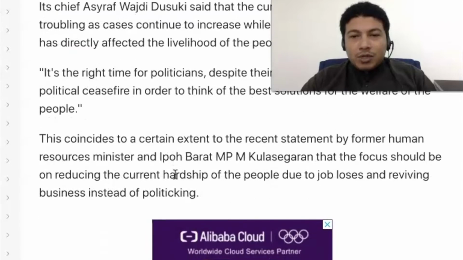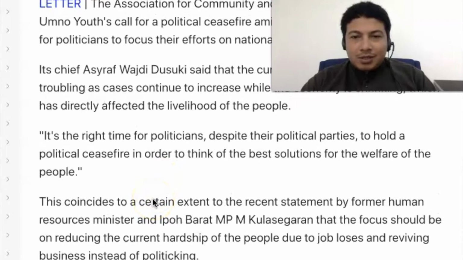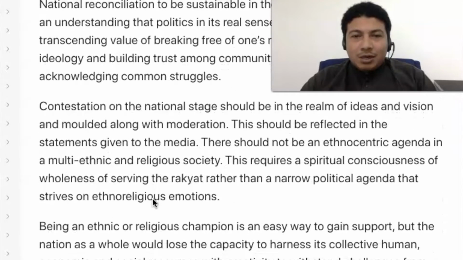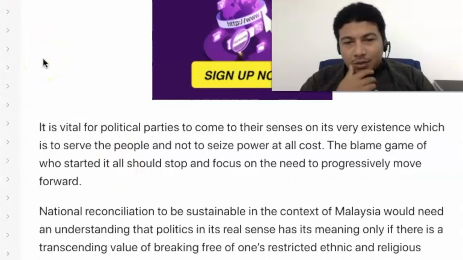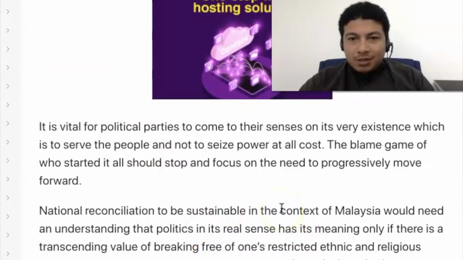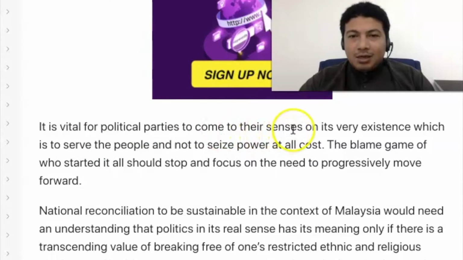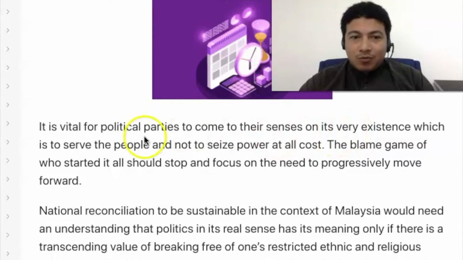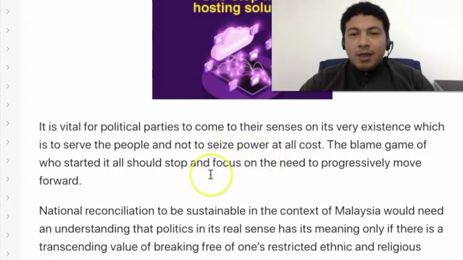If you go through the article, you would see that it is giving us an idea that politicians are selfish. If you look at the sentences given in this article, it says that it is vital for political parties to come to their senses, to think logically on why they are here, which is to serve the people and not to seize power at all costs, not to fight for power.